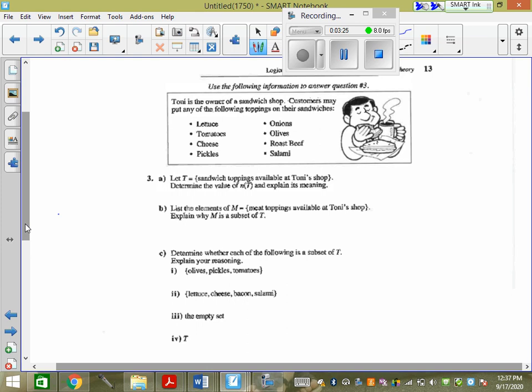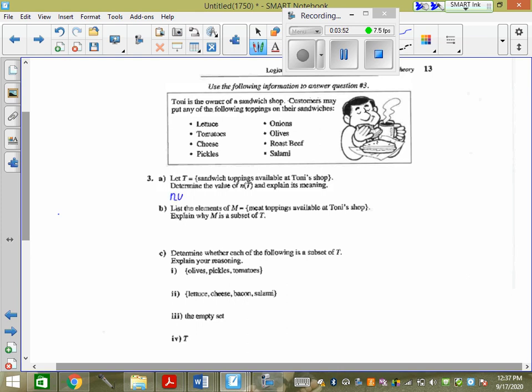What does little n mean? The number of elements in T, which is Tony's sandwich shop, right?